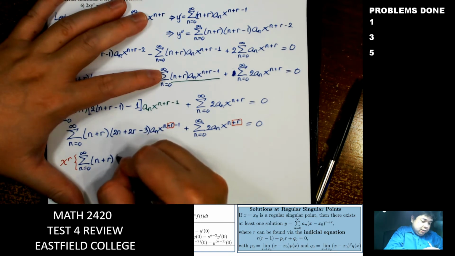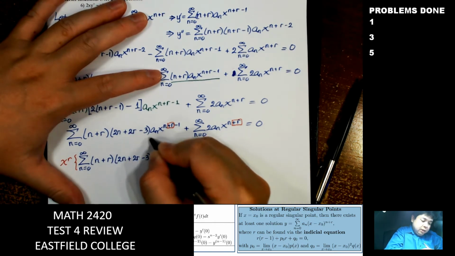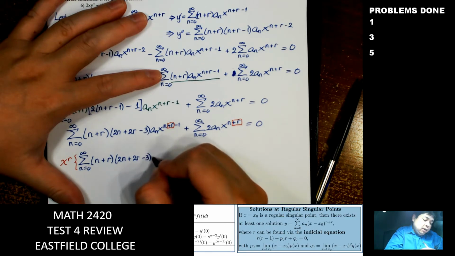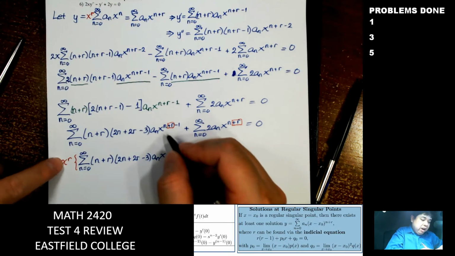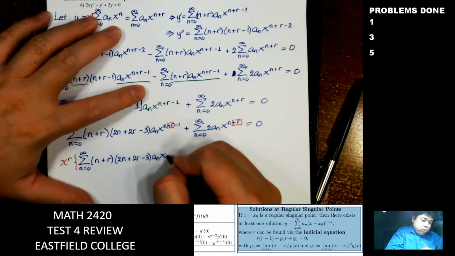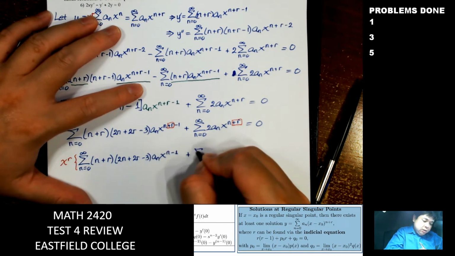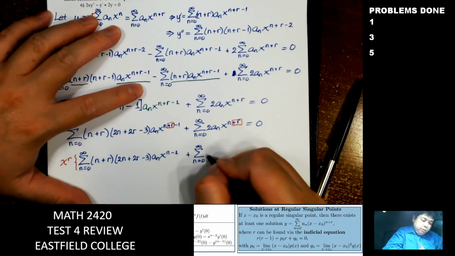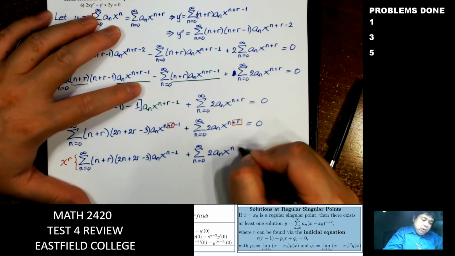And this is still the same, a sub n x to the n plus r. We will take outside the power of x to the r, so it will be x to the n minus 1, and this is x to the n only.